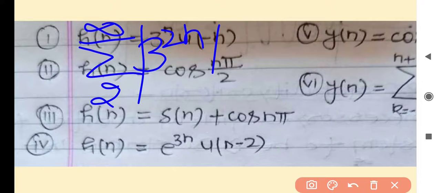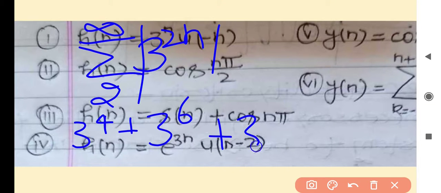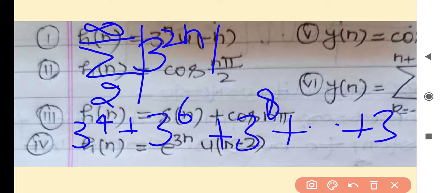We have to take values of n from 2 to infinite. When I put n equal to 2, it becomes 3 power 4. When I put n equal to 3, it becomes 3 power 6. When I take n equal to 4, it becomes 3 power 8, and so on up to 3 power infinite.